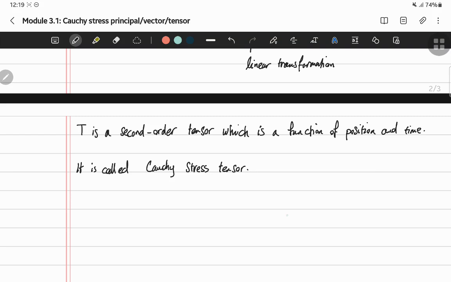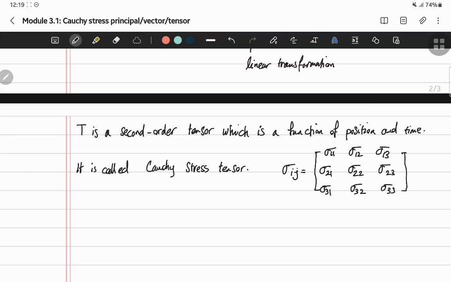And if you remember, this is the same as sigma from your mechanics of materials, where you had sigma ij, equal to sigma 11, 12, 13, 21, 22, 23, 31, 32, and then 33.